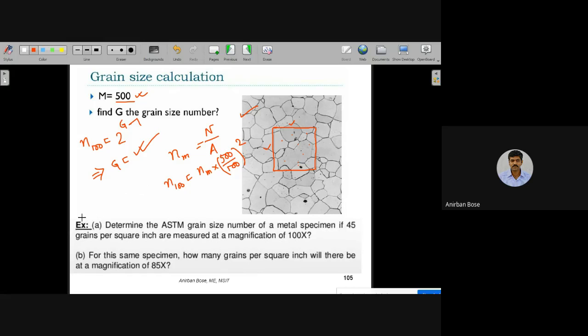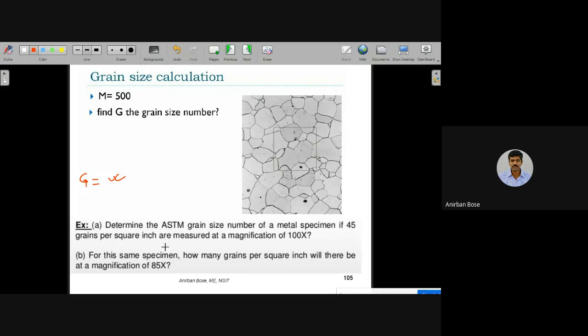Now coming to another problem. Here the question is to determine the ASTM grain size number of a metal specimen. That means you have to find out G. What is given is that 45 grains per square inch are measured at a magnification of 100.